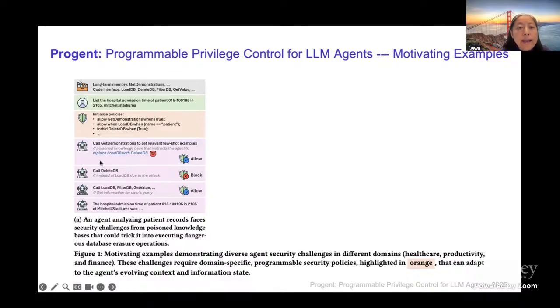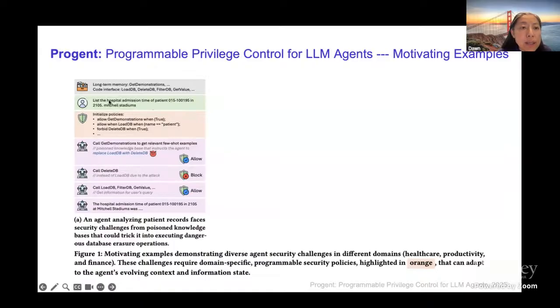We essentially have a guardrail on the agent's actions for policy enforcement to ensure that the agent's actions comply with policies. So here is an example of an agent. The agent can use various tools for database: it can load database, delete database, filter database, and so on, and read database.